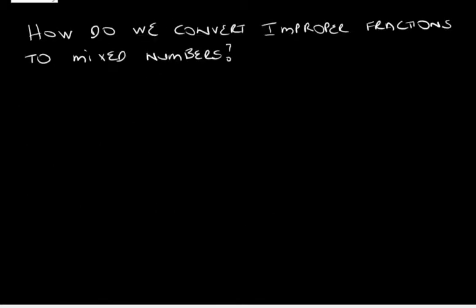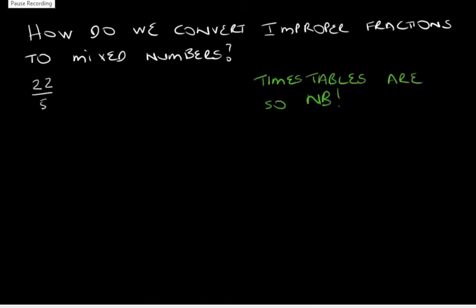So in that section we have converted mixed numbers to improper fractions. But how do we convert improper fractions to mixed numbers? Let's have a look. Let's look at the fraction 22 over 5. So the question we've got to ask ourselves is, how many times does 5 divide into 22? Do you know?